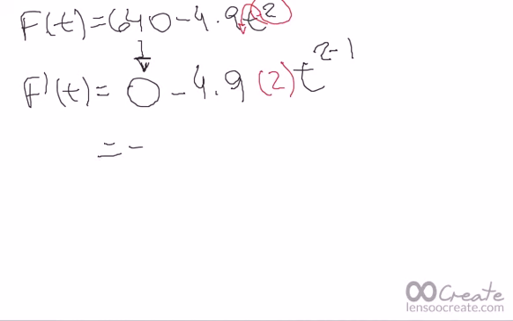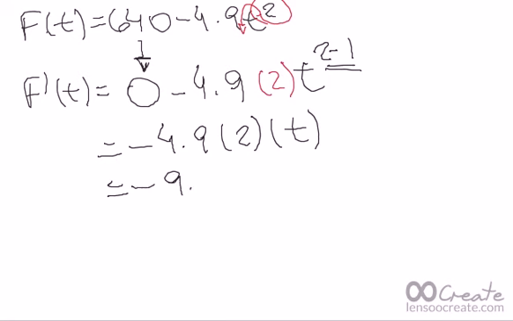This will be minus 4.9 times 2 times t, because 2 minus 1 is 1. Then minus 4.9 times 2 is minus 9.8 t, and we wanted to find the solution when t equals 9.